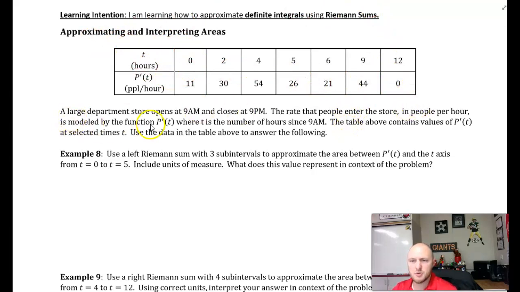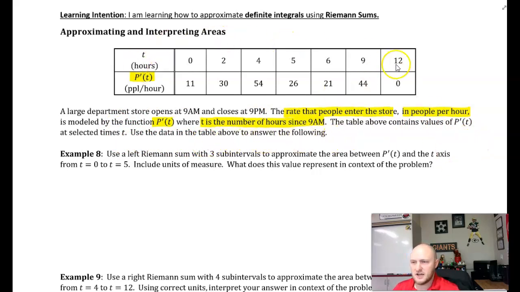They say a large department store opens at 9 a.m. and closes at 9 p.m. The rate that people enter the store, in people per hour, is modeled by the function p prime of t, where t is the number of hours since 9 a.m. The table above contains values of p prime of t at selected times of t. Use the data in the table to answer the following.